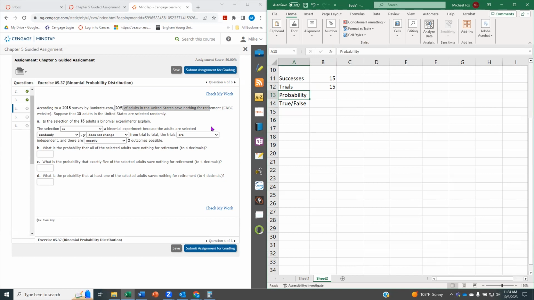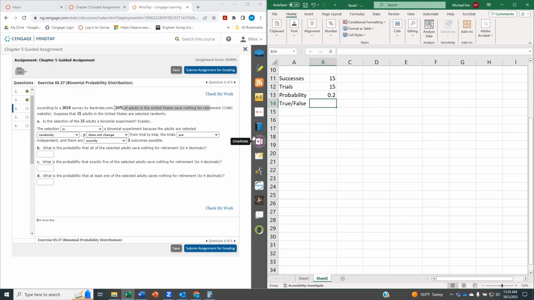Okay. So our probability of success is 0.2, meaning for every person we ask, there's a 20% probability they'll say they don't save anything, and an 80% probability that they do save some.